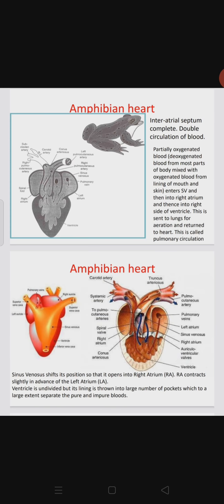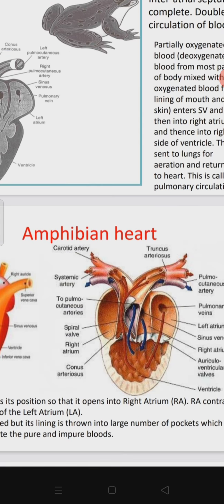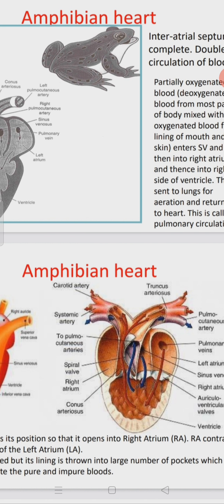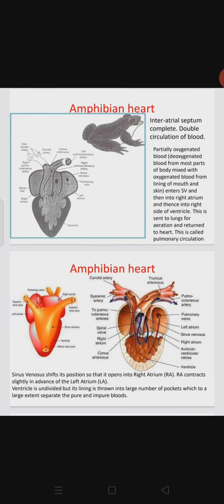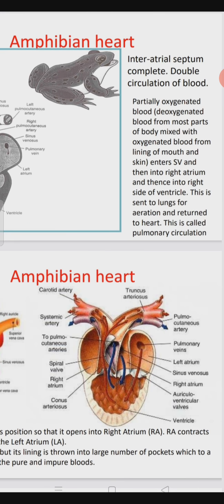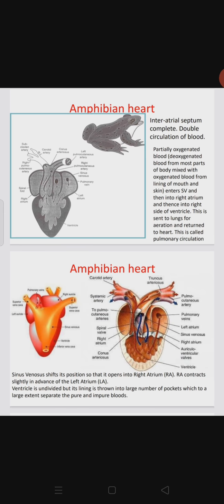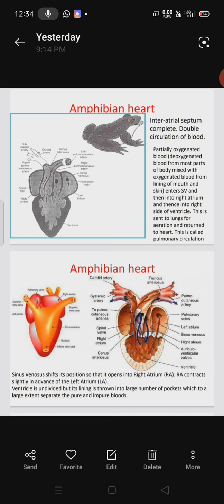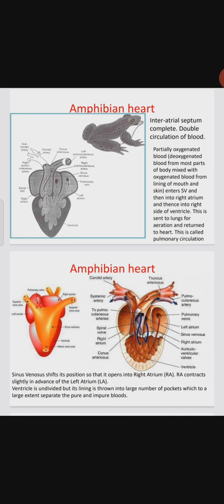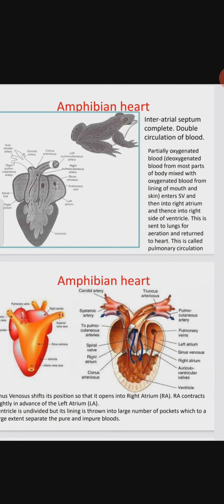A bit of mixing of oxygenated and deoxygenated blood takes place, but not everything mixes in the ventricle, because there are some pouch-like structures that prevent the mixing of the oxygenated and deoxygenated blood. That's why it is properly supplied to the lungs for purification. Understood? So these we call the parts of the amphibian heart.